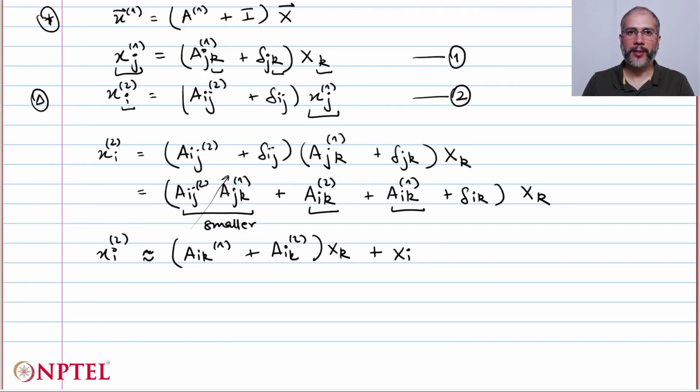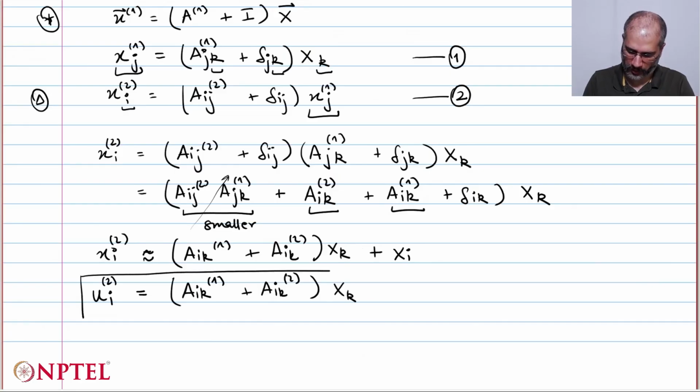Because ultimately you have to write the displacement. So the displacement ui, let's call it 2, because that's the final one, is equal to aik1 plus aik2 times xk. Let's box this.